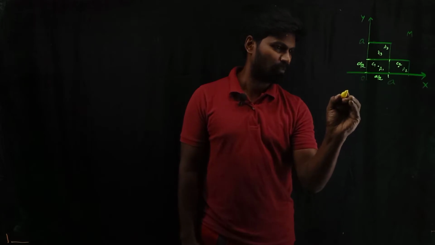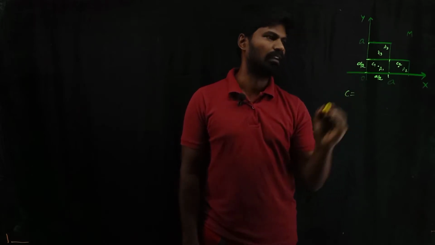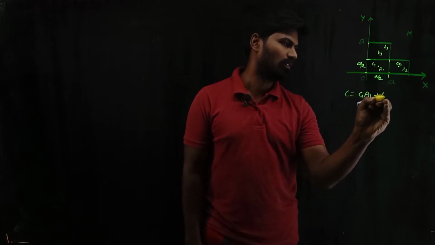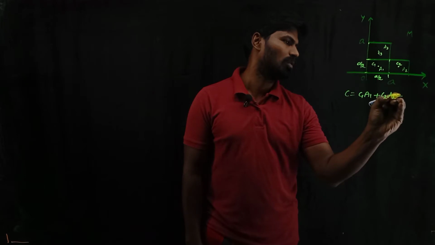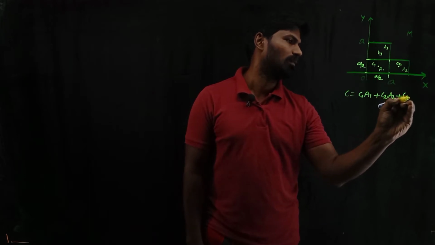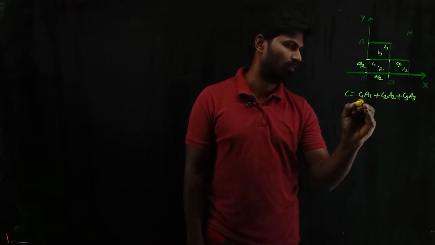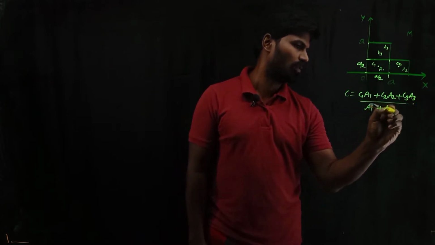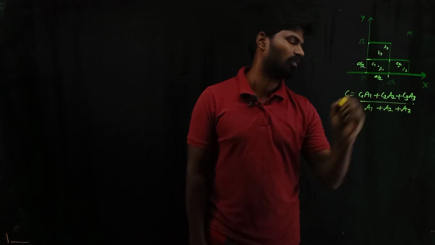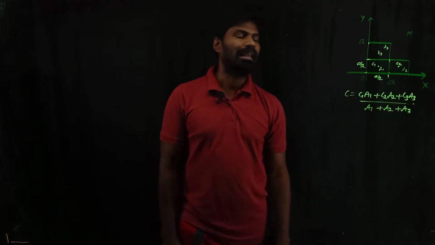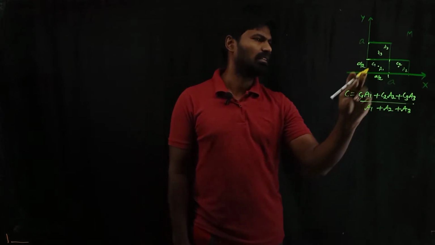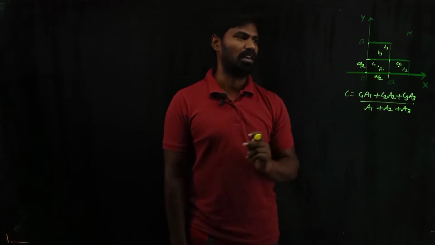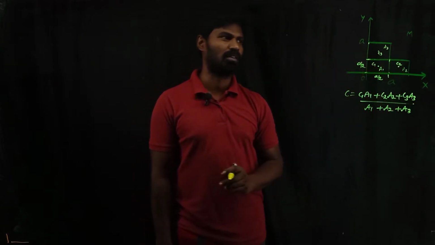The center of mass of this composite system C is given, in terms of area, by C1 into A1 plus C2 into A2 plus C3 into A3, divided by A1 plus A2 plus A3. This I wrote in terms of the area of each plate. C1 is the coordinates of the center of mass of A1, C2 is the coordinates of the center of mass of A2, and C3 is the coordinates of the center of mass of A3.